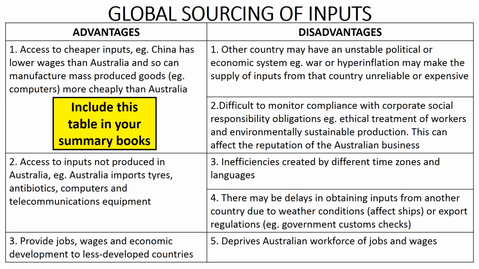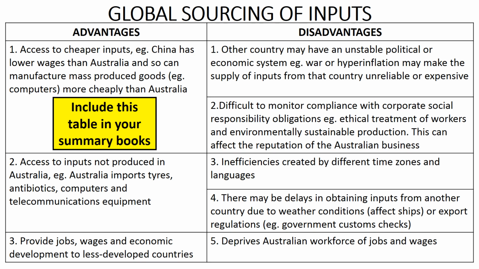Third, if the input supplier is in a different time zone to Australia or doesn't speak or write English very well, then communications between the Australian business and the input supplier can be difficult, and this may result in misunderstandings. Fourth, there may be delays in obtaining inputs from another country due to weather conditions, which affects things like shipping schedules, or the need to comply with export regulations, which requires customs checks.